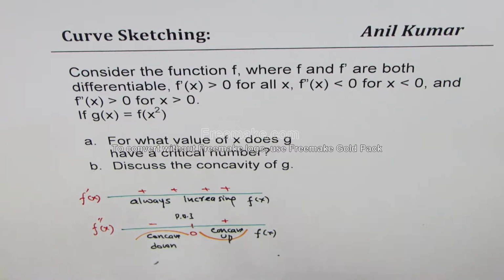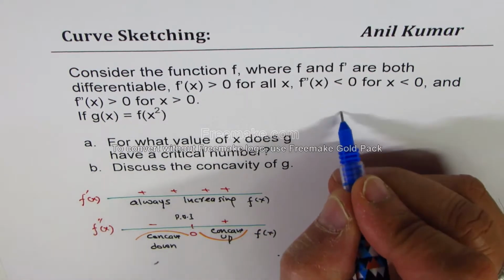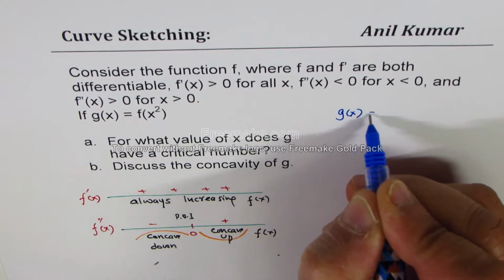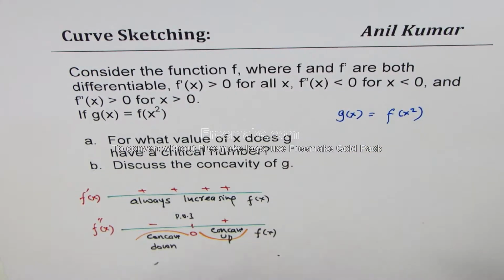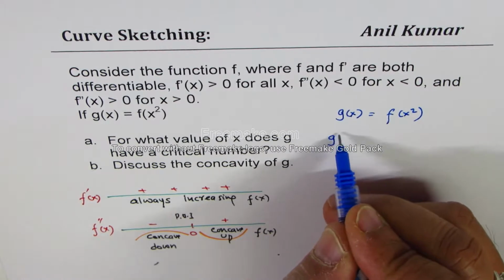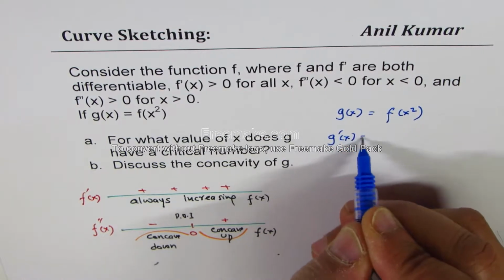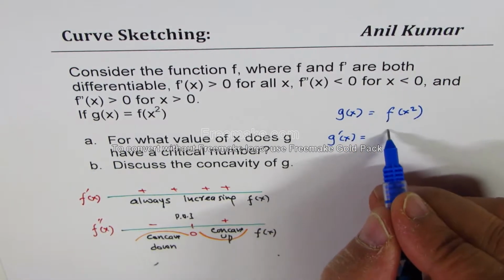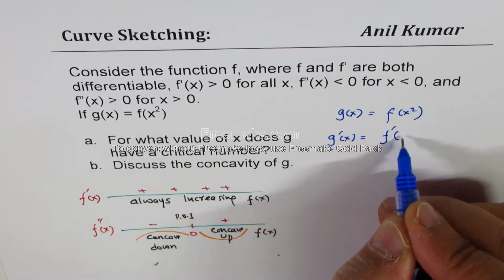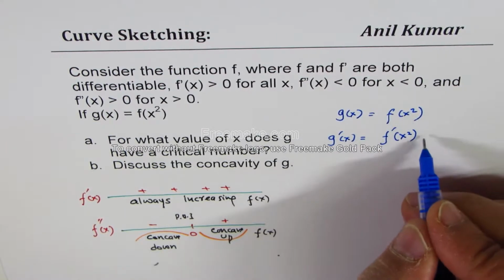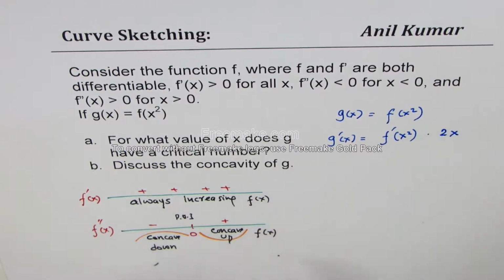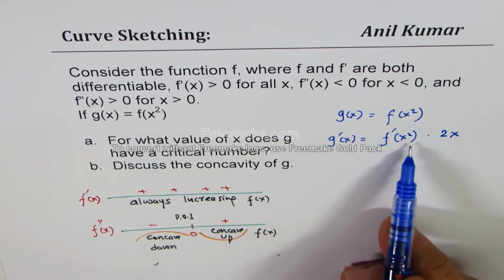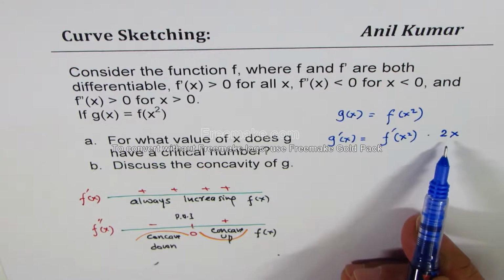Now, we are given a new function here. So the new function here is g of x. We are saying g of x is f of x squared. Now let's find the derivative of this function. Derivative of this function will be derivative of the function times derivative of inside function, which is 2x.